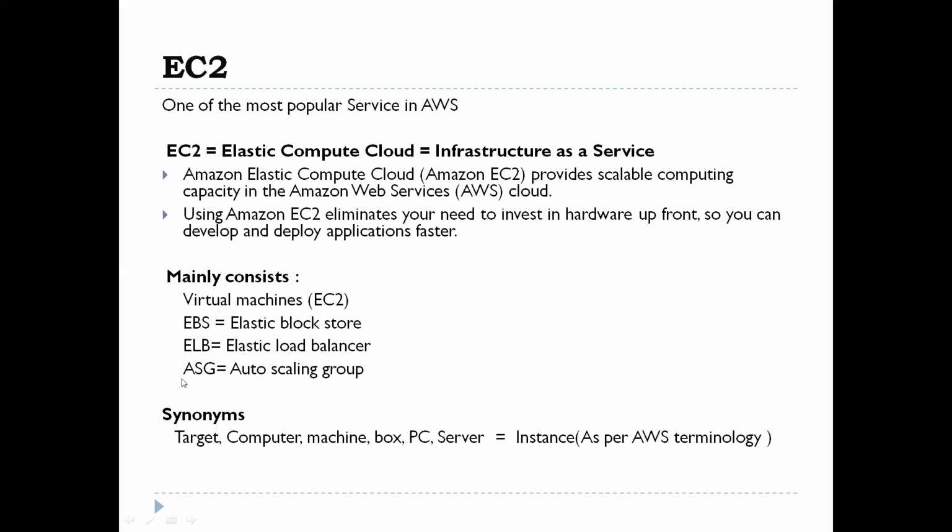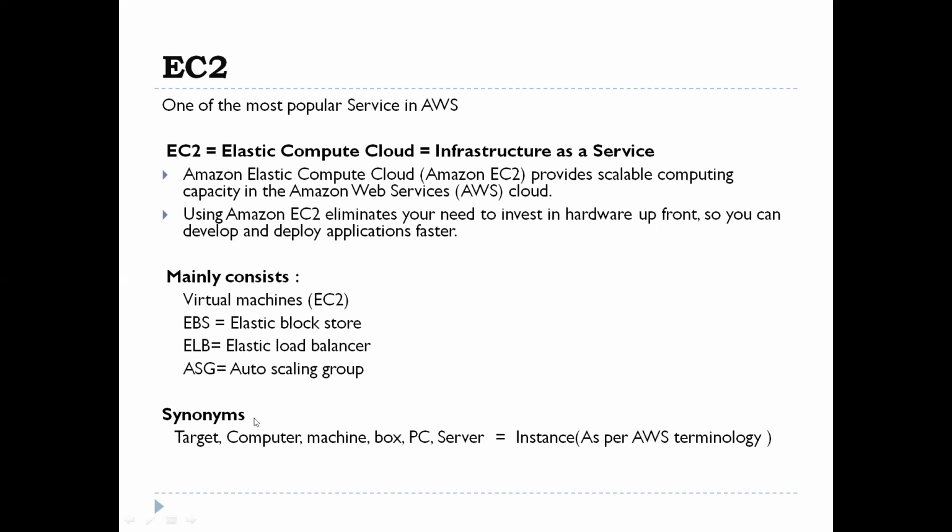These concepts will help you achieve the scalability we just discussed in the definition. These are the four main things we have in EC2. We'll discuss them one by one practically, and after completing the EC2 service we will understand everything clearly.